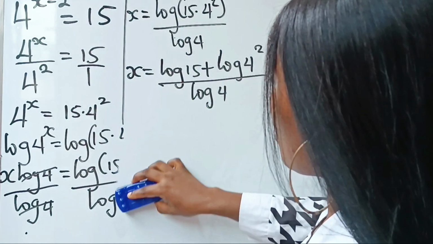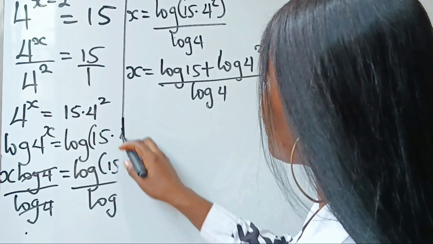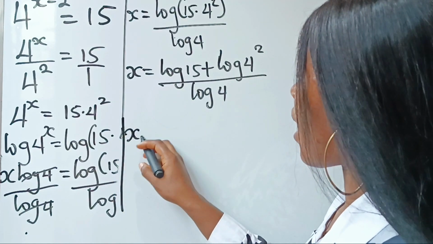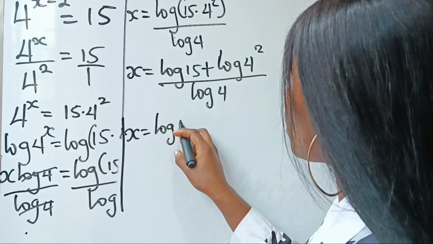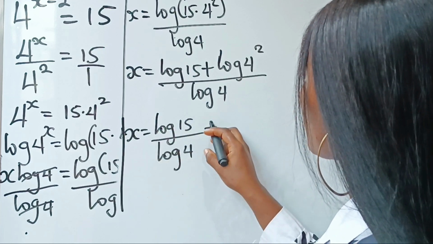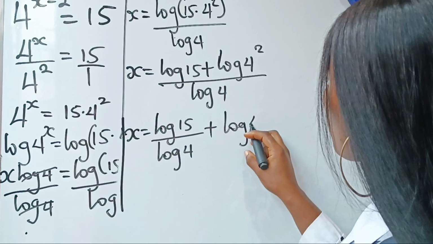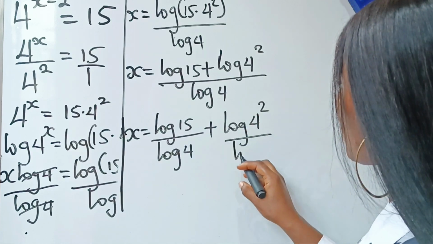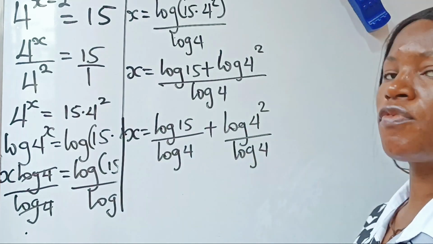All right, now let us solve. Our x is equal to log 15 divided by log 4 plus log 4 squared divided by log 4.